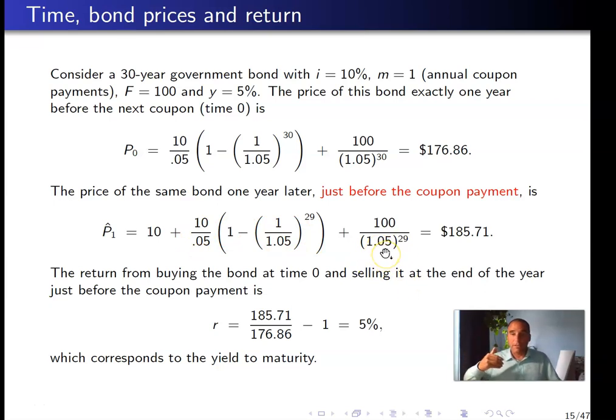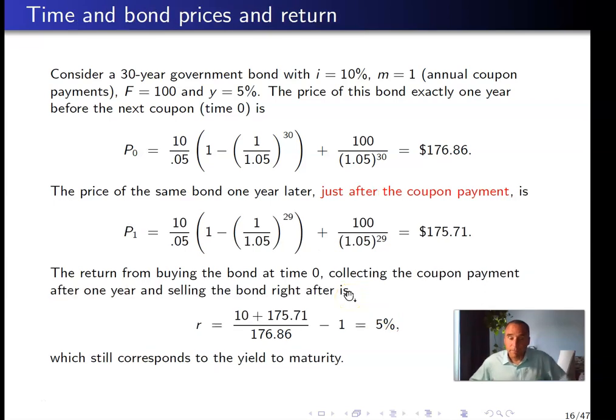Yield to maturity is 5, discounted over 29 periods. So that gives $85.71 for a return to the bondholder of 5%. So the return to the bondholder, if the yield to maturity does not change over time, is equal to the yield to maturity.